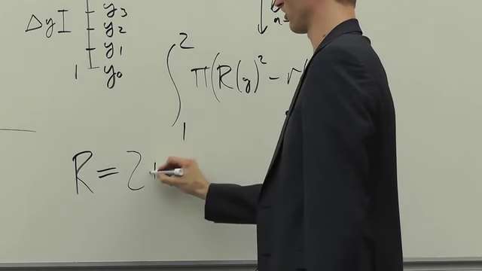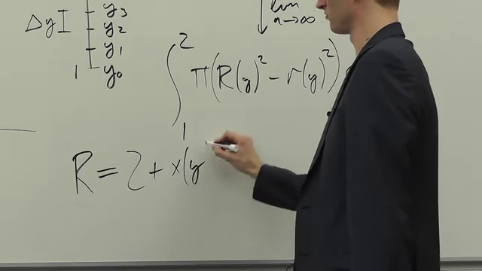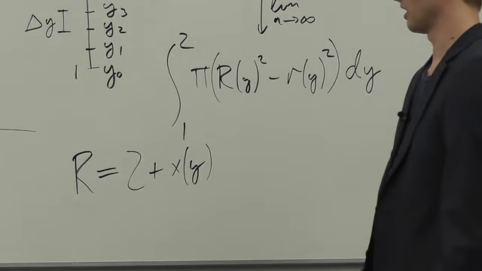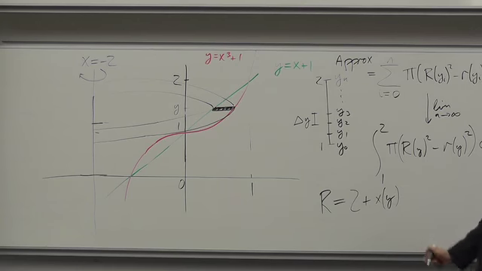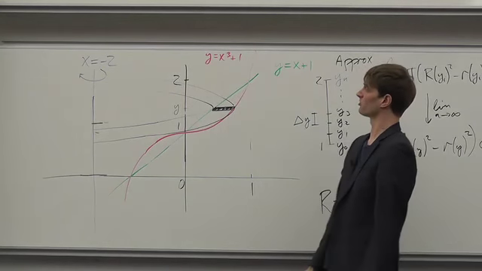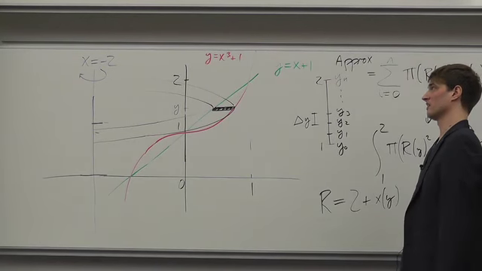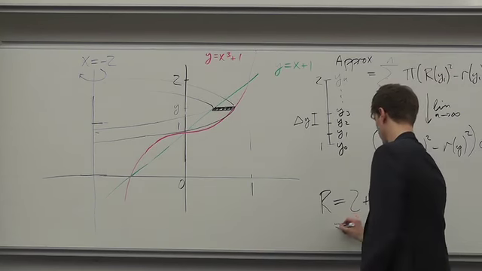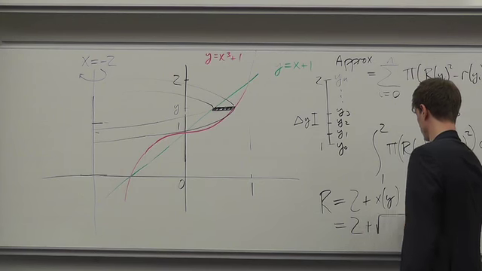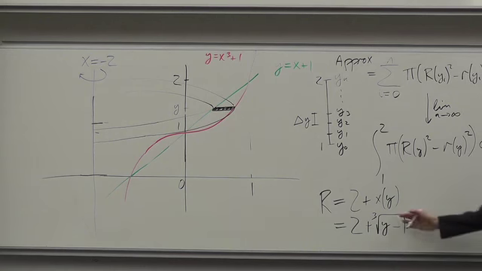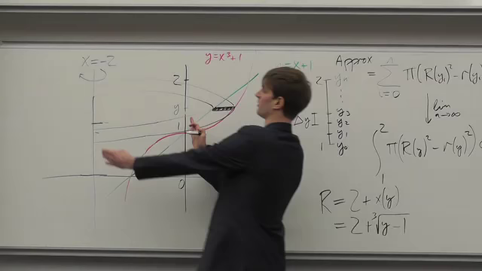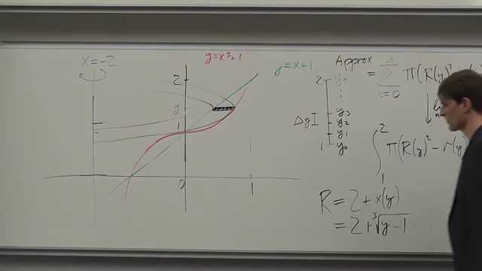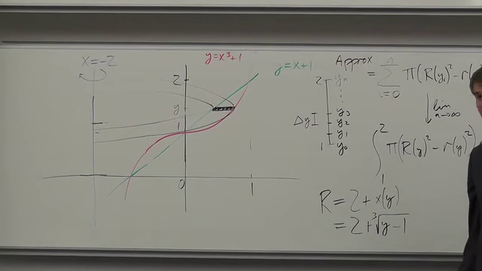So it's 2 plus whatever x is in terms of y. And what is x in terms of y on this red curve? Well, if y equals x cubed plus 1, then x is the cube root of y minus 1. So it's the cube root of y minus 1, and then I still have to add on the 2 to take account of this distance.